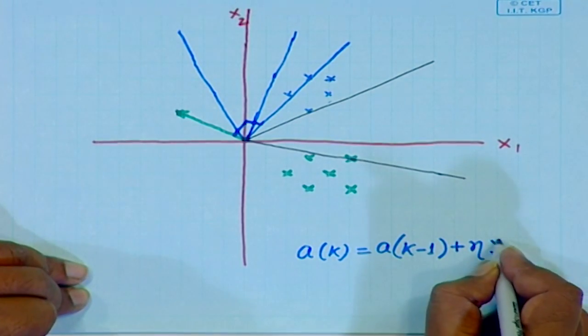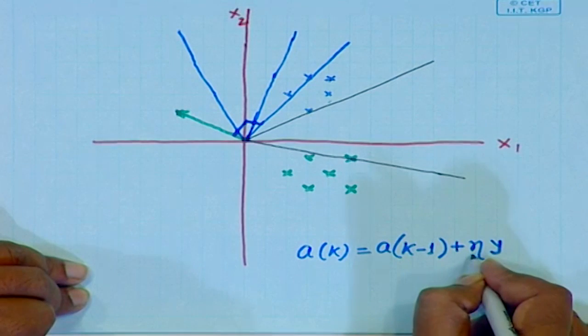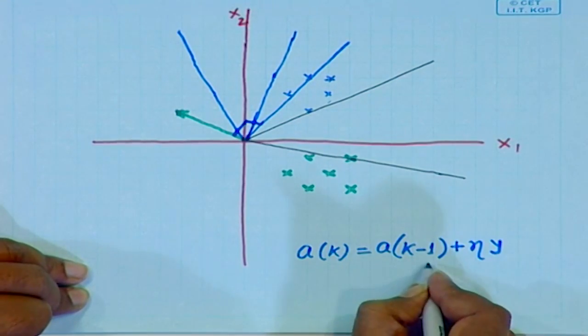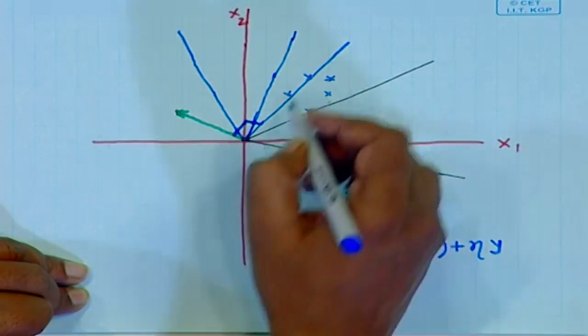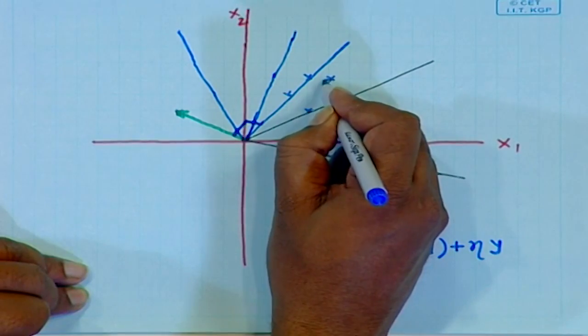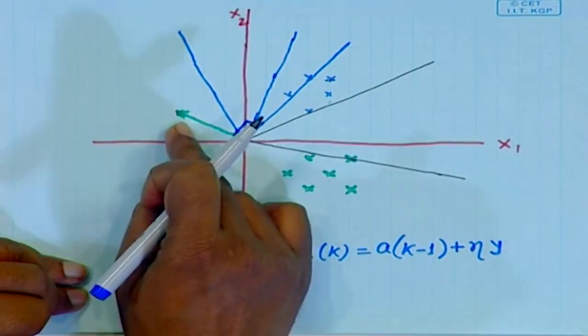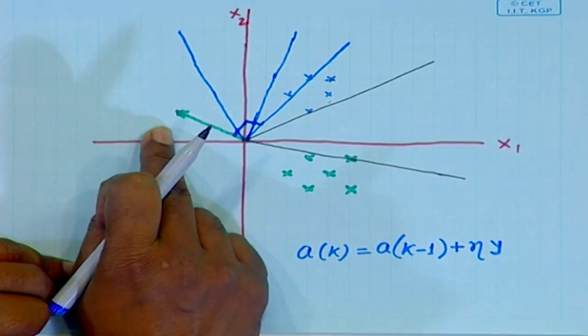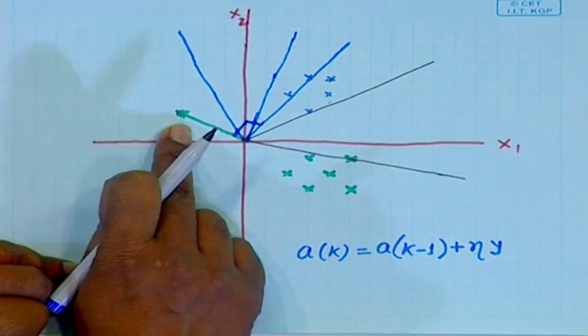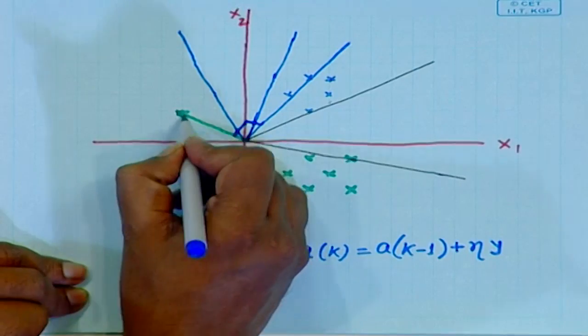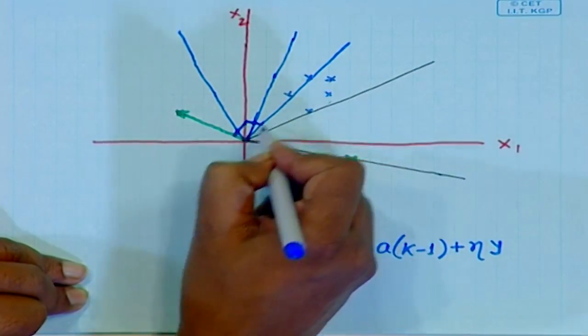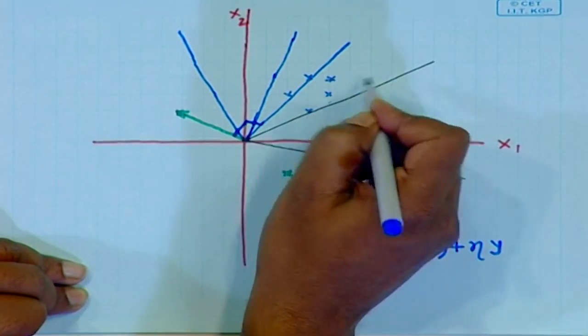What it means is that this vector y will be scaled by a factor eta and added to A_(k-1). This is the vector y which has been misclassified. A scaled version of this will be added to this weight vector w. That means the weight vector w will be moved in the direction of this vector y by a certain fraction.